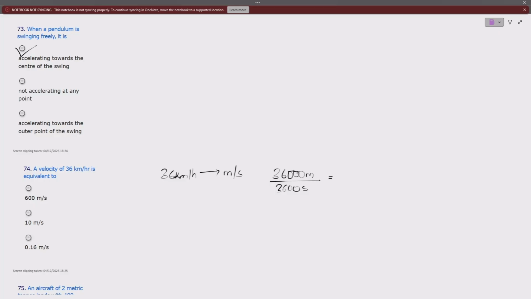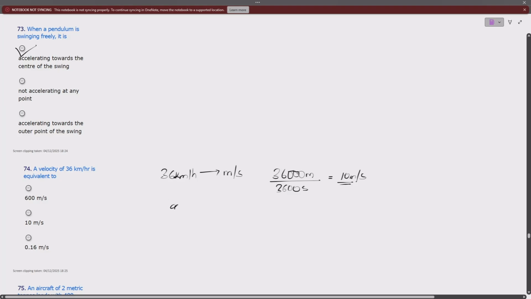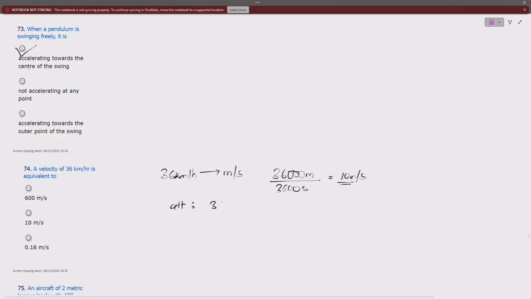When you divide, this is going to give you 10 meters per second. Alternatively, you can just go straight away: 36 kilometers per hour divided by 3.6. You are going to get 10 meters per second.